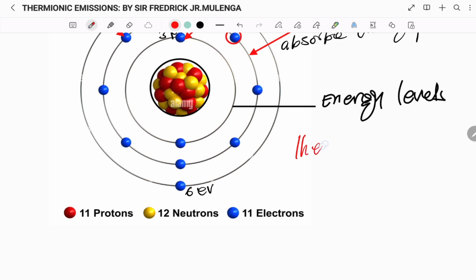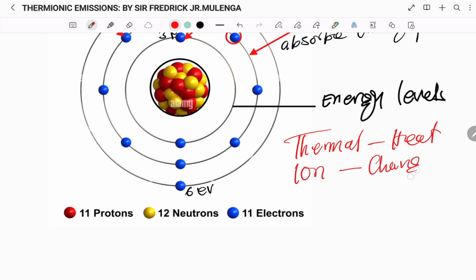And ion means charged particle. This can be either positively or negatively charged, but we understand that electrons are negatively charged.